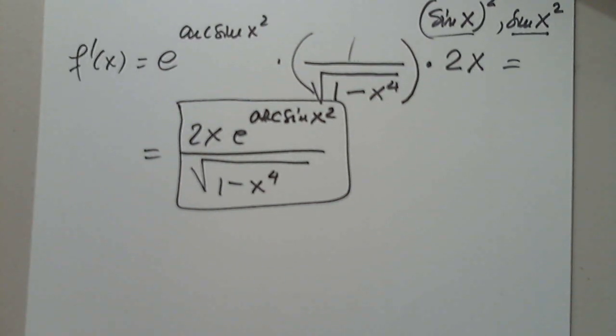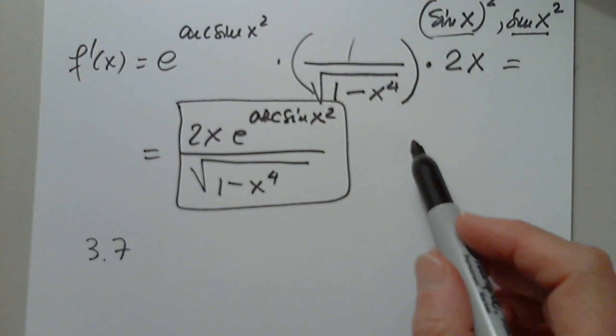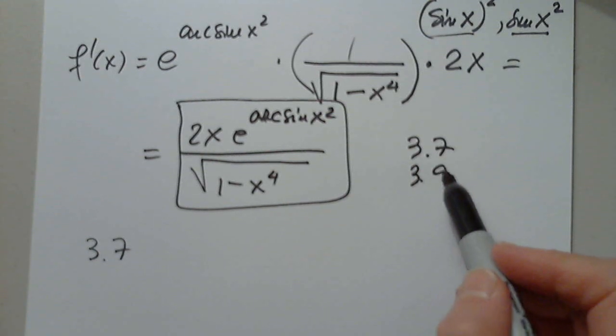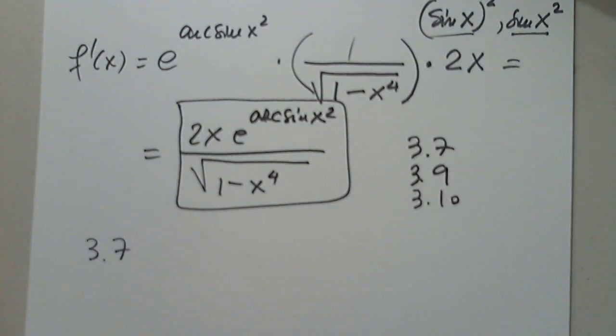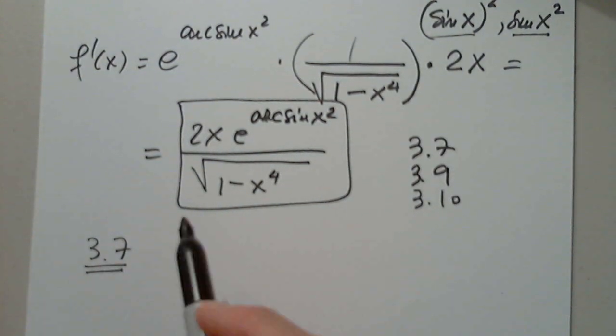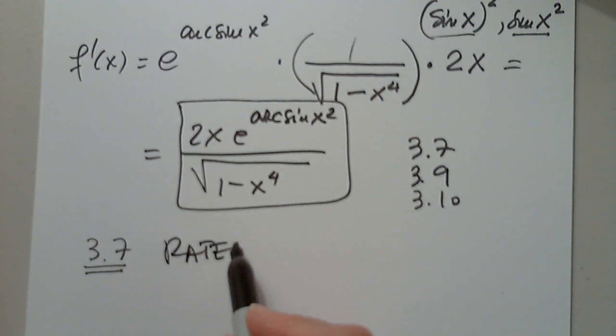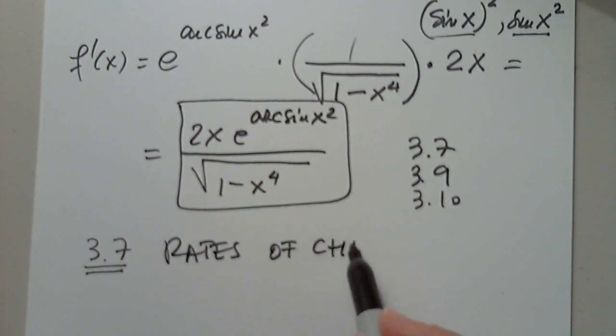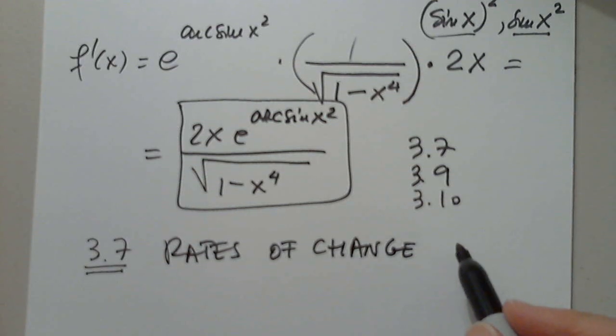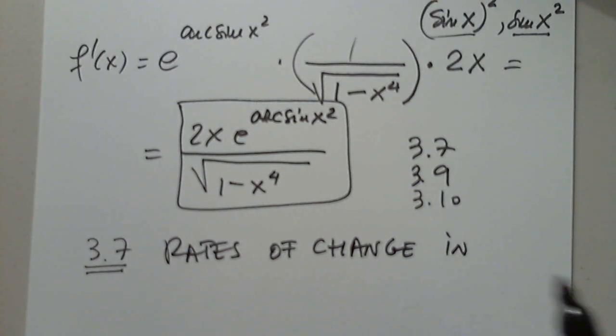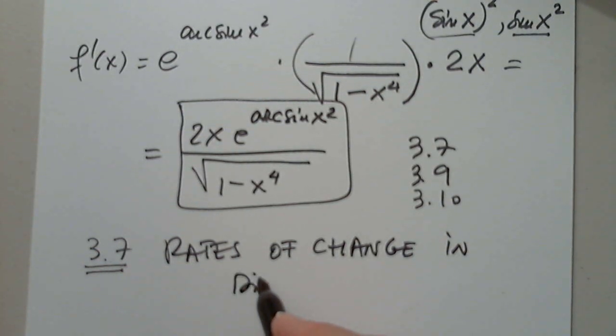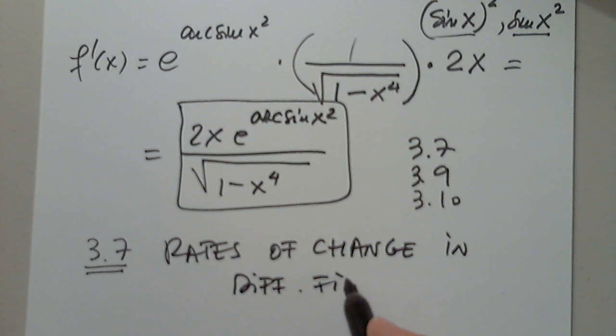Okay, so let's move on to 3.7. I remind you that we have 3.7 left, 3.9, and 3.10. In 3.7, we're going to look at rates of change in natural and social sciences, different fields.